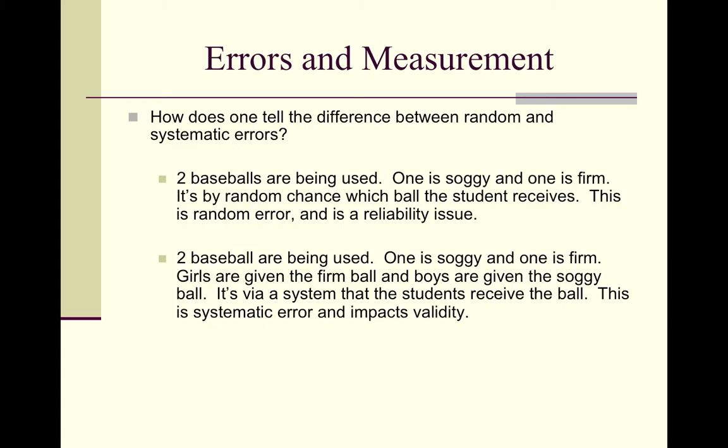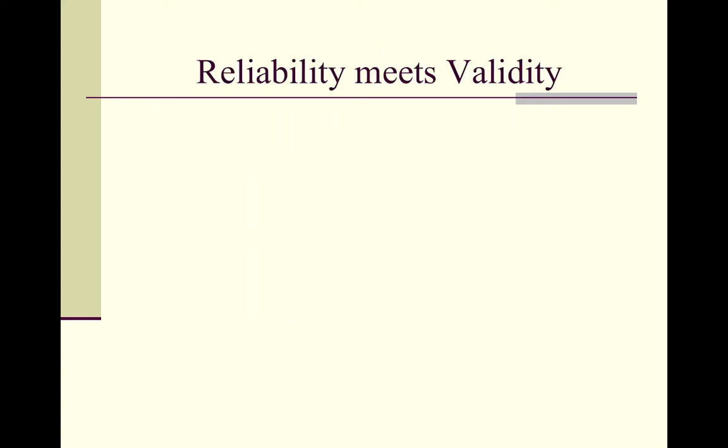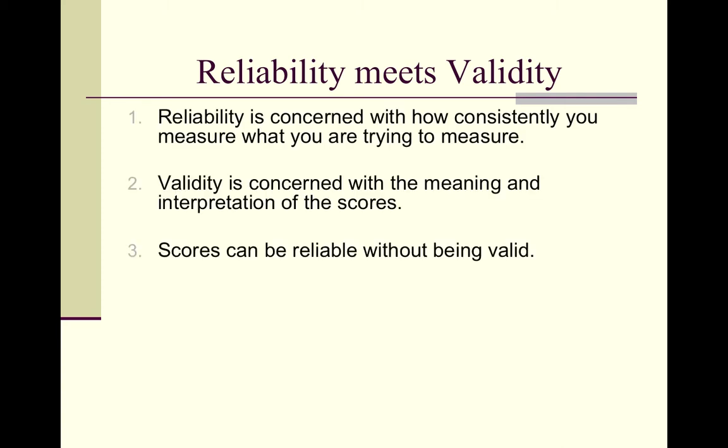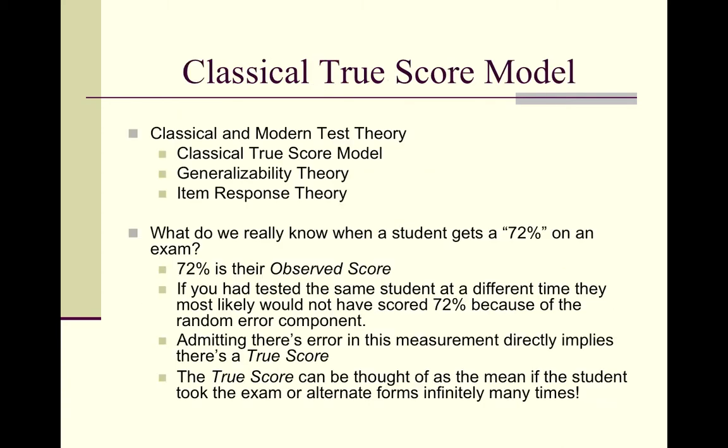This is systematic. This is a decision that the test administrator has created on his or her own, and it would clearly create systematic error, and this would impact the validity of the test, not necessarily the reliability. I actually have a pretty cool, whoa, back up here, guys.